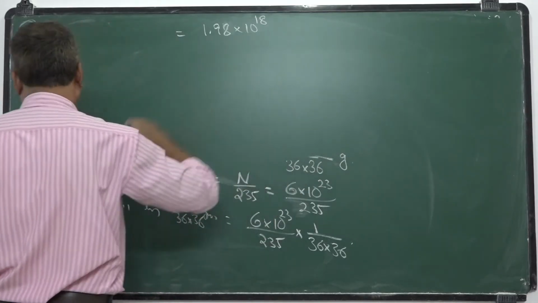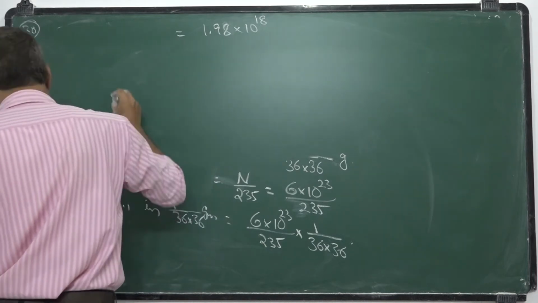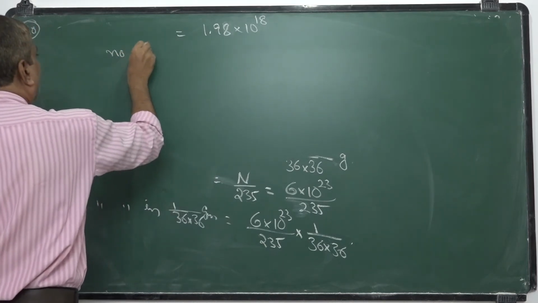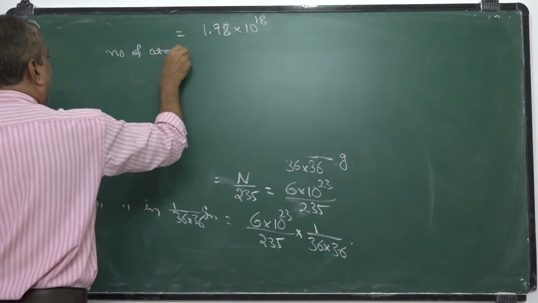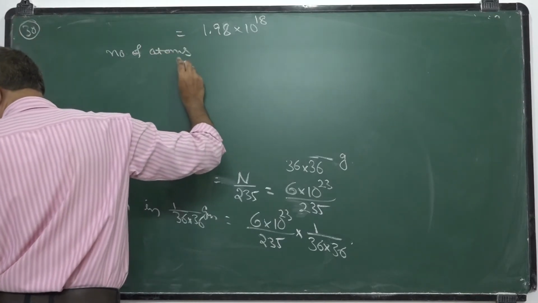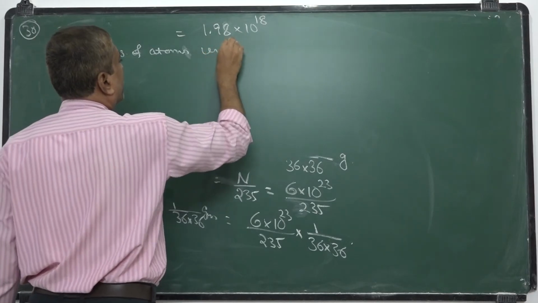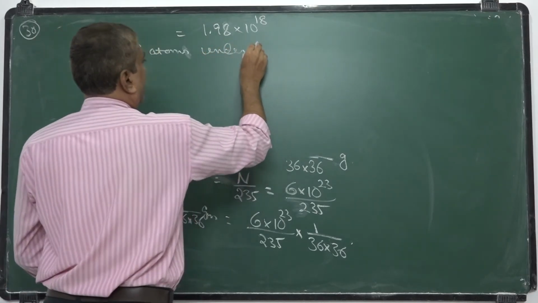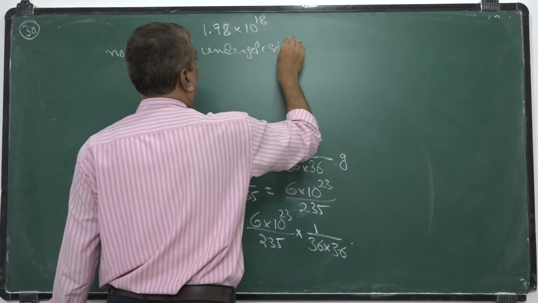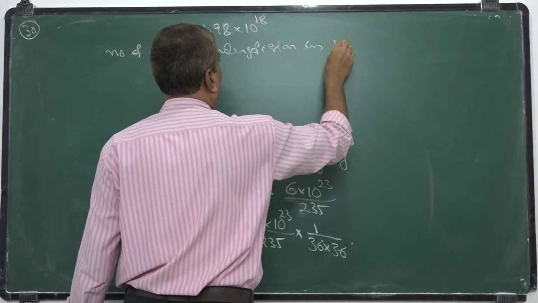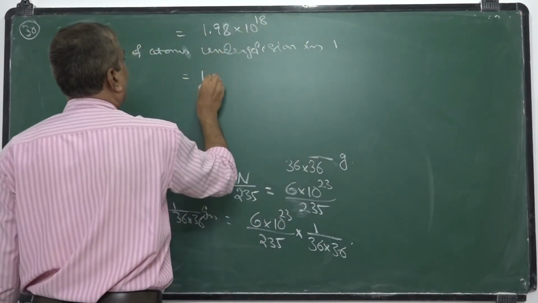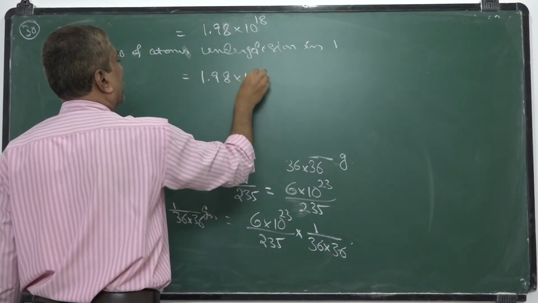So this many number of atoms undergo fission in 1 second, is equal to 1.98 into 10 to the power 18.